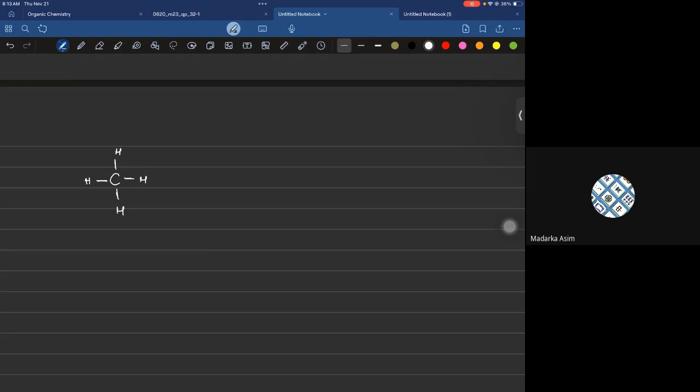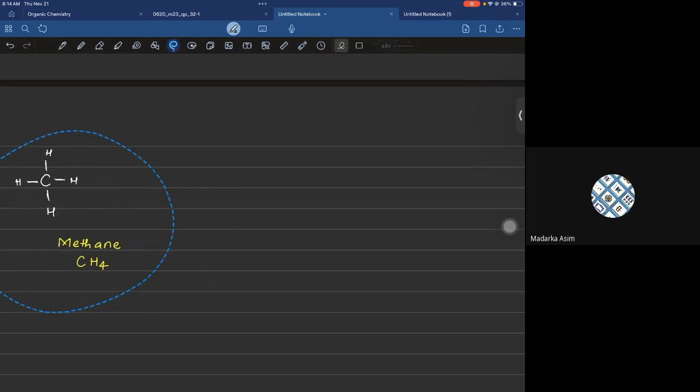You will say hydrogen, because this is purely a hydrocarbon. How many carbon atoms do you have in this? You would say one. So one means this is meth. As you all know, this is a single covalent bond, so the suffix for a single covalent bond is ANE. So this becomes methane. So what's the chemical formula? You would say CH4. You will do this for all the family members of alkane.